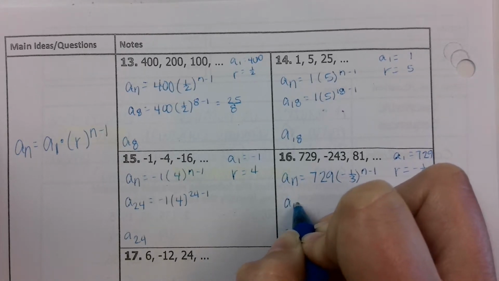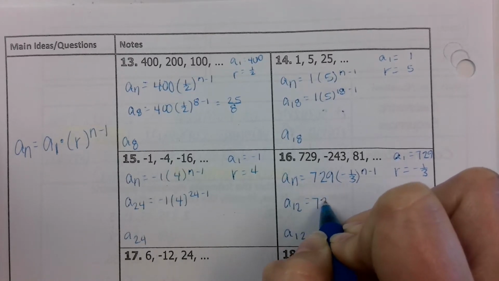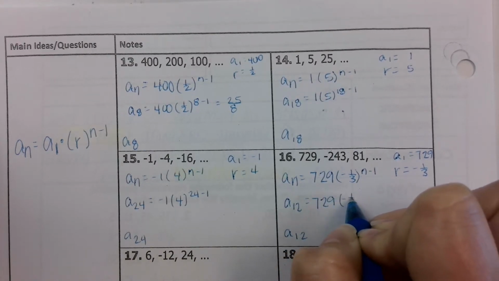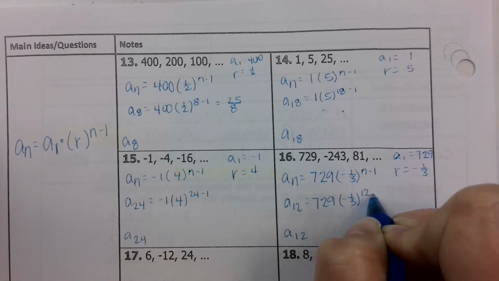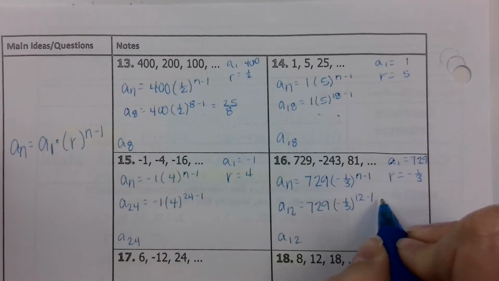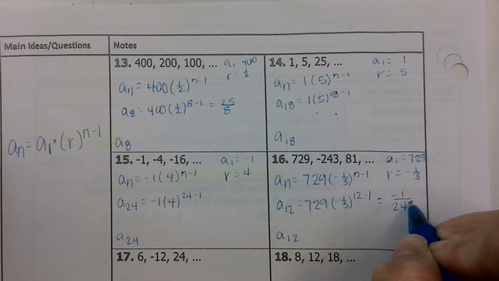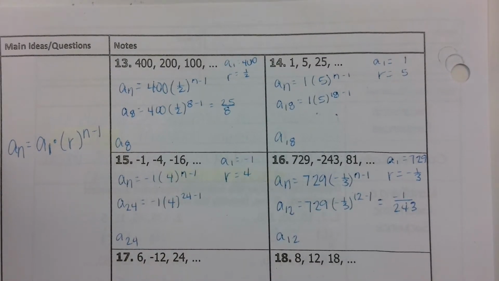We wanted the 12th term, so your exponent would be 11. And that's -0.004115. For that one, I got -1 over 243. As a decimal, you get whatever. I'm going to leave it as -1 over 243, because I can write that. That's manageable. Is that okay? I'm not writing the 20-digit numbers.